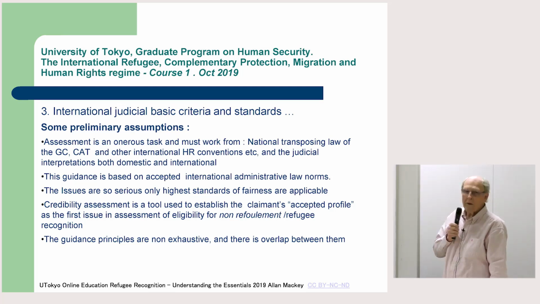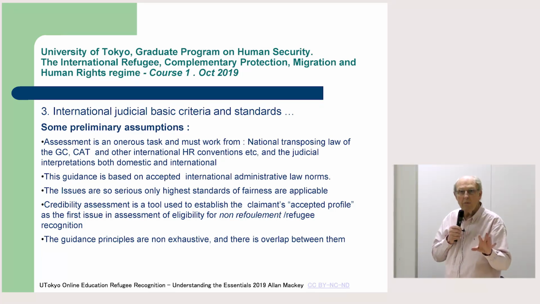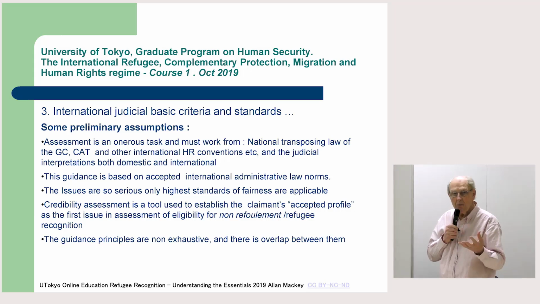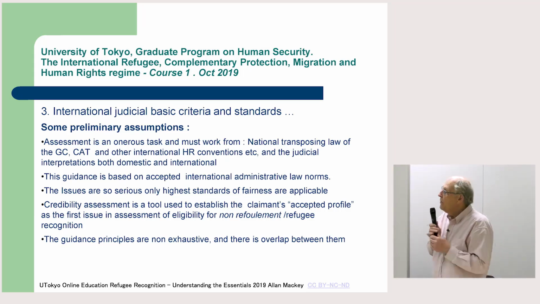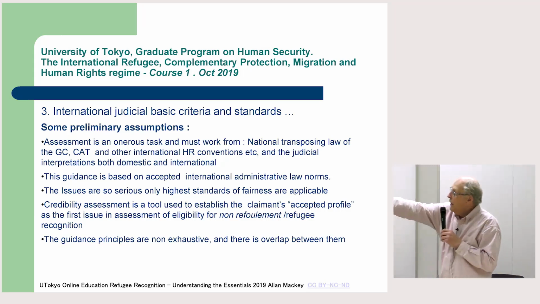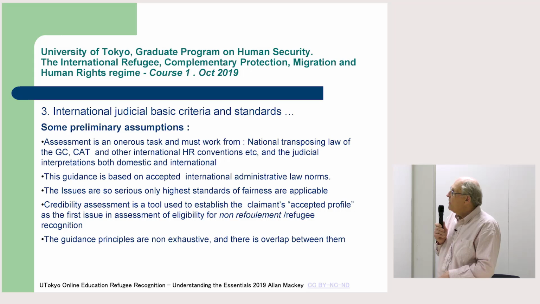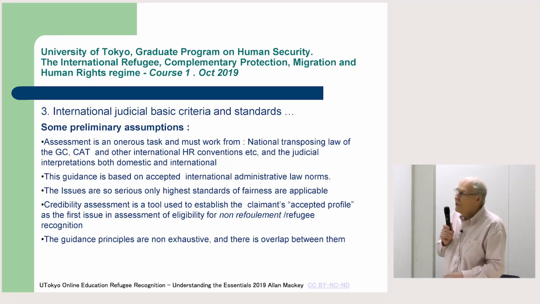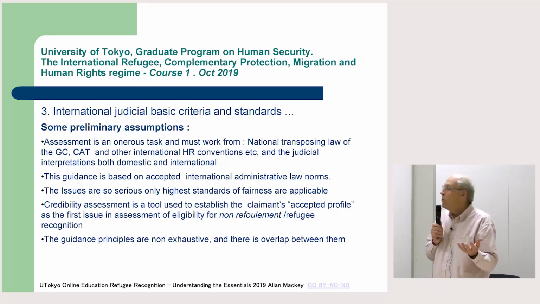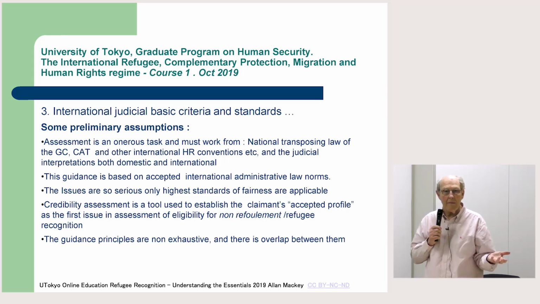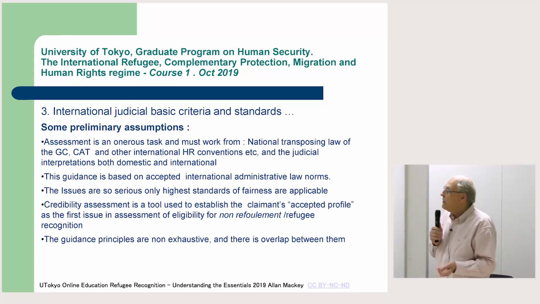In other words, the laws that bring it into account, as we said, allow a country to set their own procedures, not the law, but you must go through the correct procedures that your own state puts in for doing it. Then you've got other protection instruments that may impact on it, such as the CAT, other international human rights conventions, and judicial interpretations, both domestically and internationally, that may be relevant to the case.